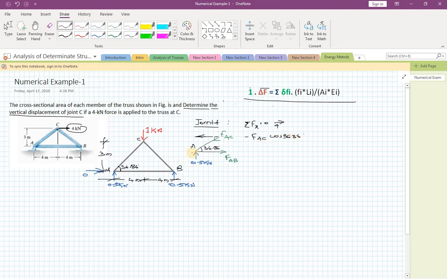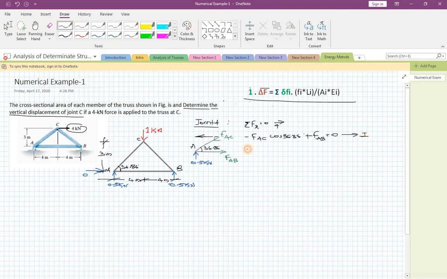We don't have any other horizontal forces at the support, but we have a horizontal force FAB. It is in the same direction as per our sign convention, so I can write plus FAB, and no other force is there in the x direction, so I should equate it to 0. Both are unknowns, so let me call this equation 1.